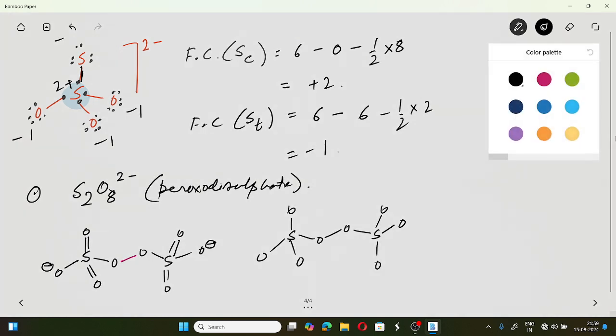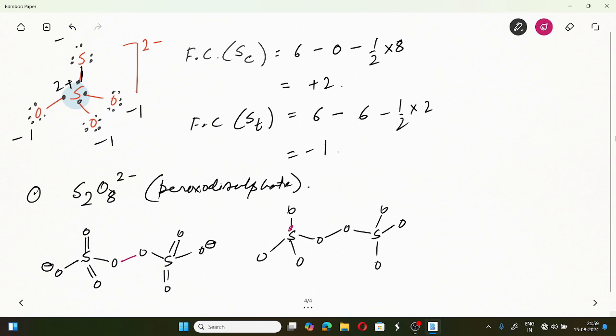now at each of these sulfur, central sulfur, there are 4 electrons, and at each of these oxygens, since there is a single bond, there will be 7 electrons. That means there will be a negative charge, and the total charge will be 2 minus.